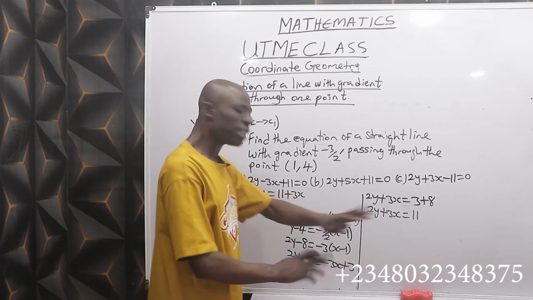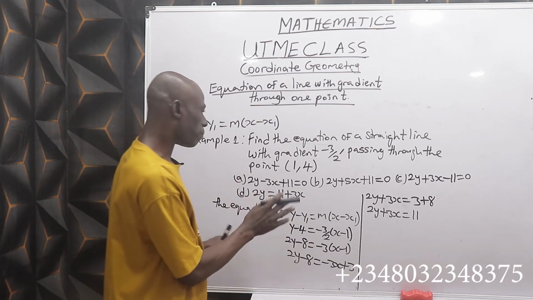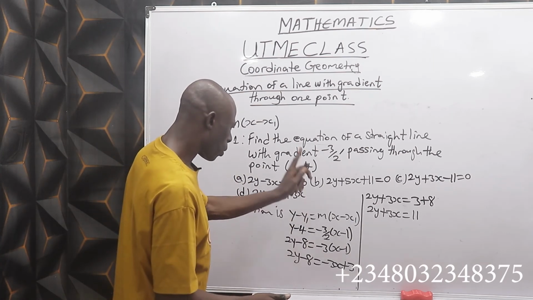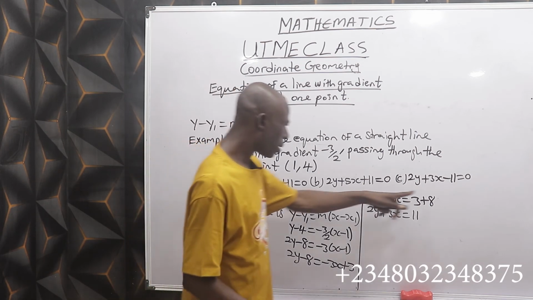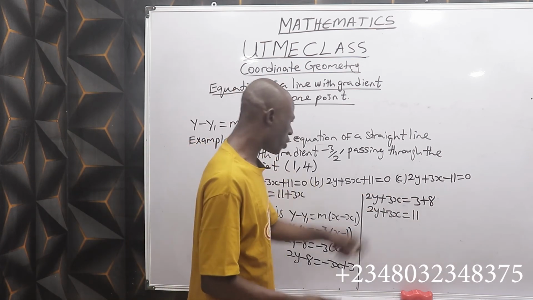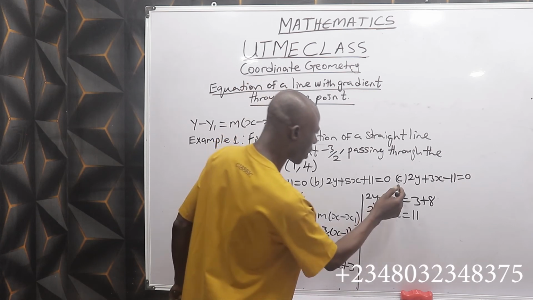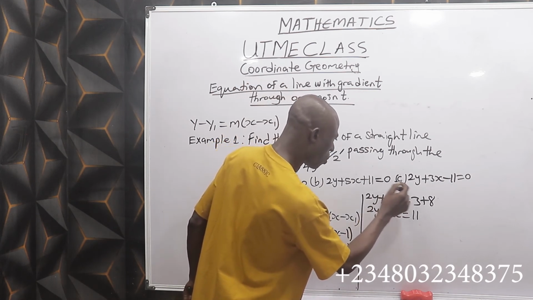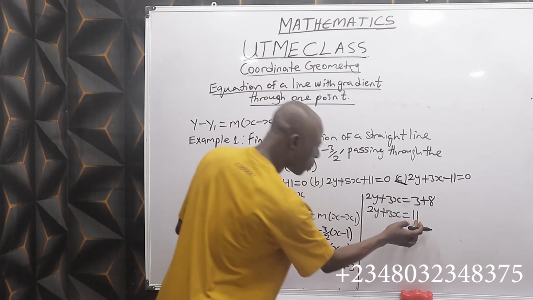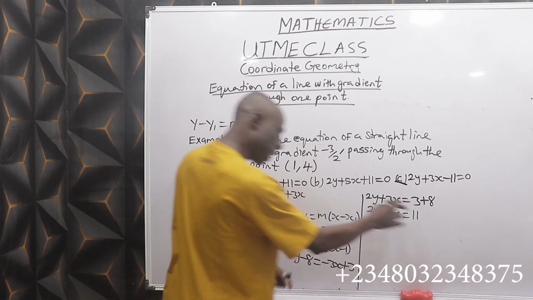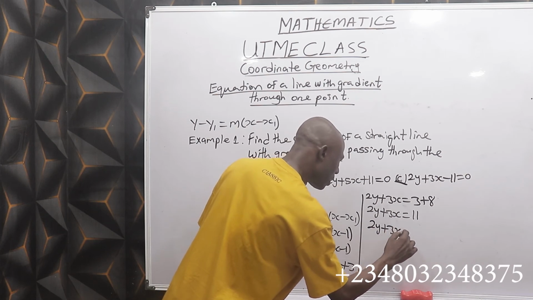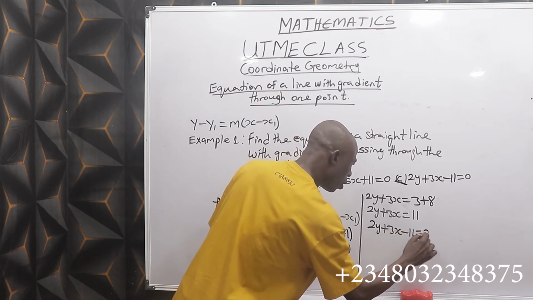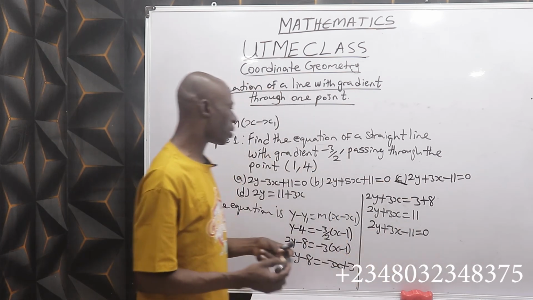Because they may be in different order, but the same. 2y plus 3x, where do we have that? Yes, our option is option C. The correct answer is option C. Why? If you bring this positive 11 in, it becomes 2y plus 3x minus 11 equals 0, which is option C.